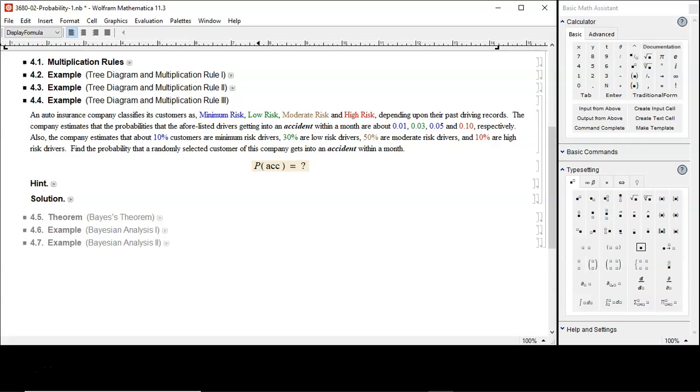So how do you get all the probability here? The key observation is that you can do it this way.